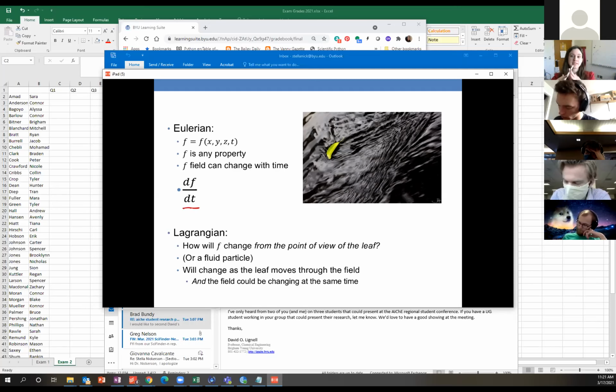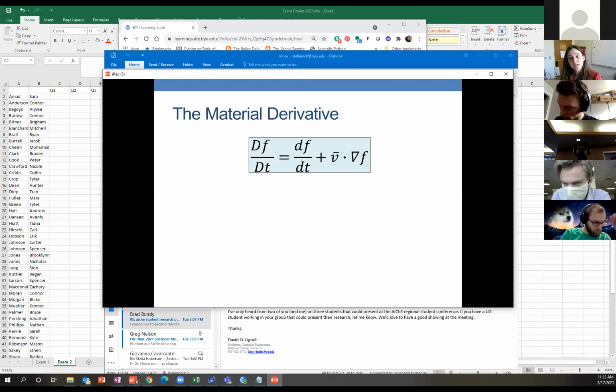We want to relate these two points of view so that if you know the function F for the field, then you can figure out how the property is changing for the leaf or the particle. And the way we do that is through the material derivative.